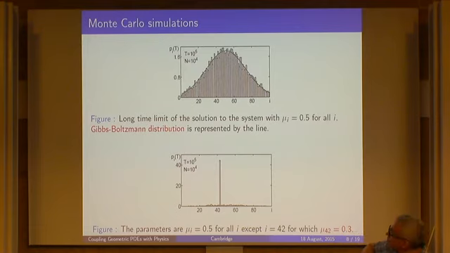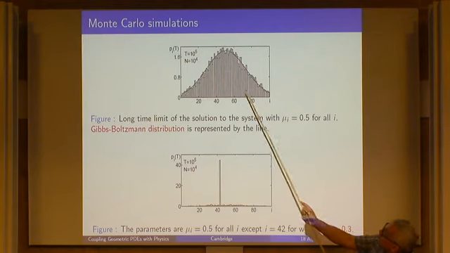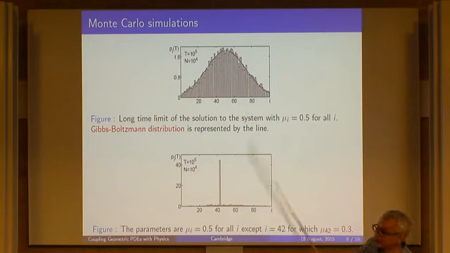And what happened, all particles converge not to the stationary distribution like this, but to this point, 42. Very slowly, but all particles aggregate at one point. And that's what we call anomalous aggregation.